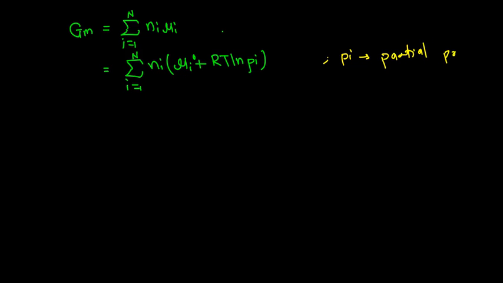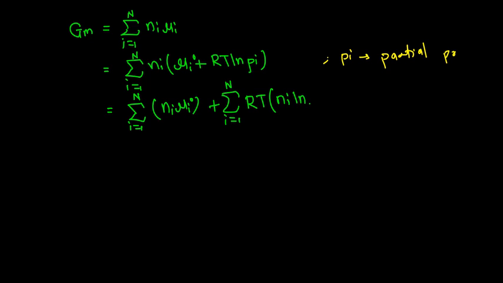I can further simplify this as summation i equals 1 to capital N of Ni mu i 0 plus summation i equals 1 to capital N of RT Ni ln Pi. So this is going to be the total Gibbs free energy of the mixture.